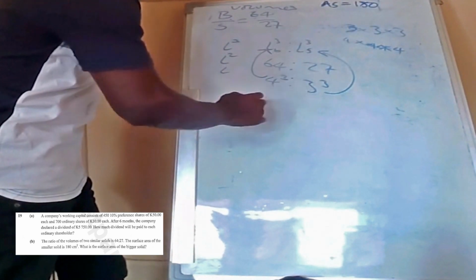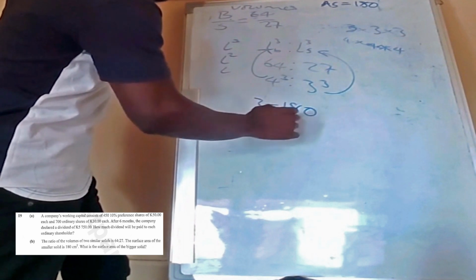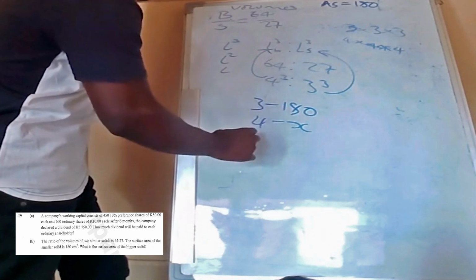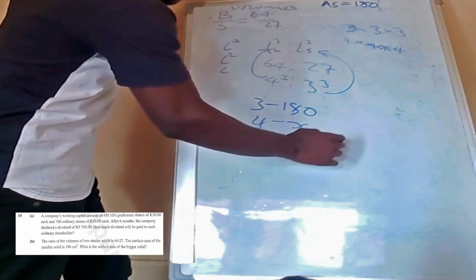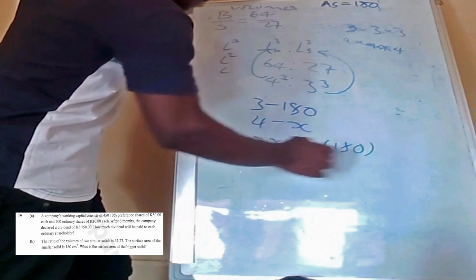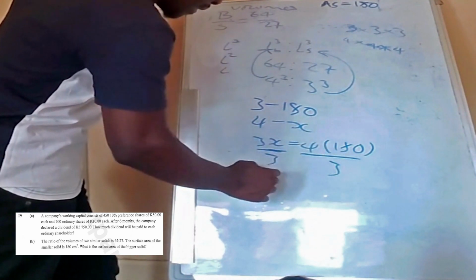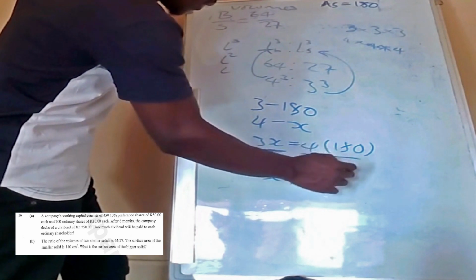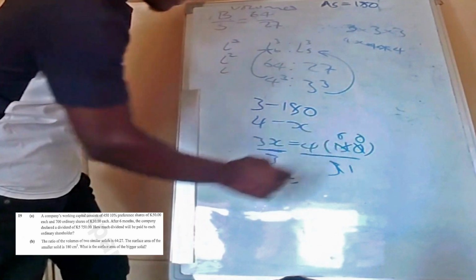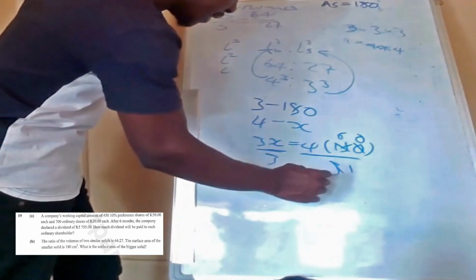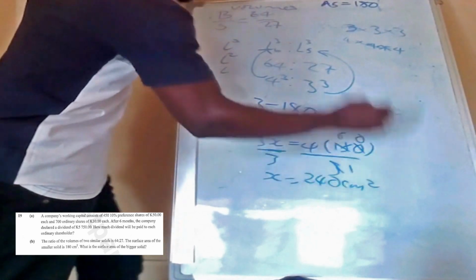The small one is 3 to 180, then 4 to x. So 3 times x is 3x, equal to 4 multiplied by 180. We divide both sides by 3. By 3, we get x equals 3 there, 1, 3 there, 6, 0. 4 multiplied by 6 is 24. So we're going to have x equals 240 centimeters squared.